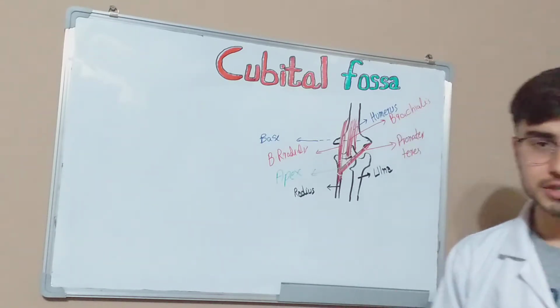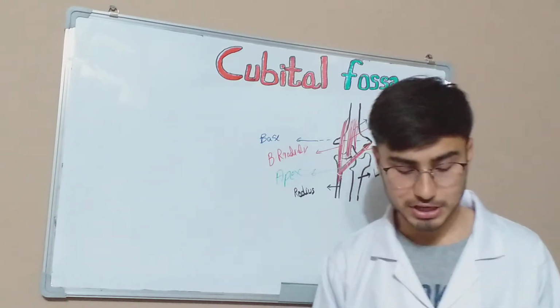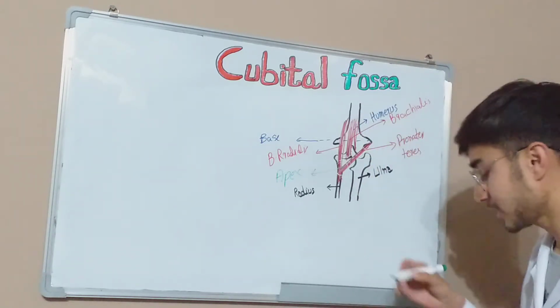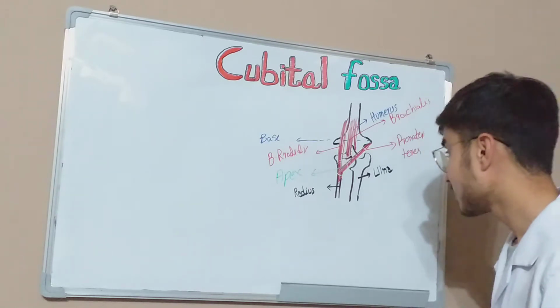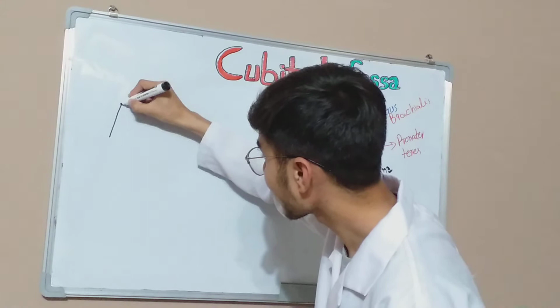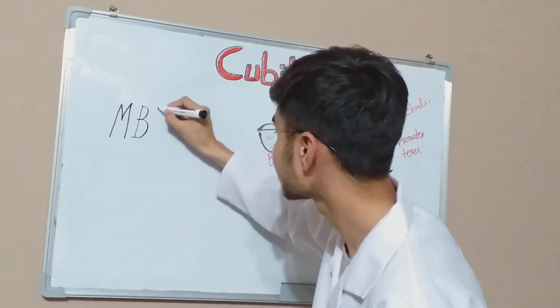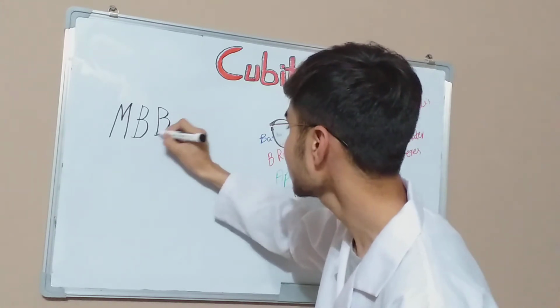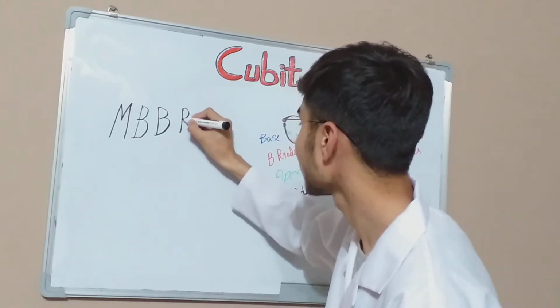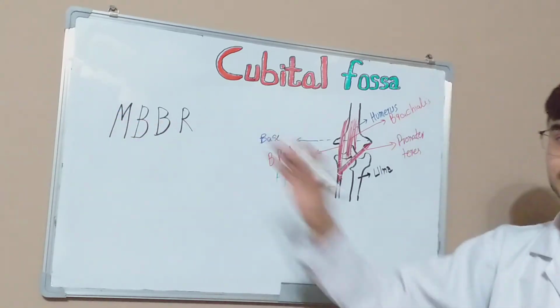For the contents, first of all, I'm going to tell you a mnemonic, and that is MBBR. Let me write it. This mnemonic is basically in a medial to lateral sequence.